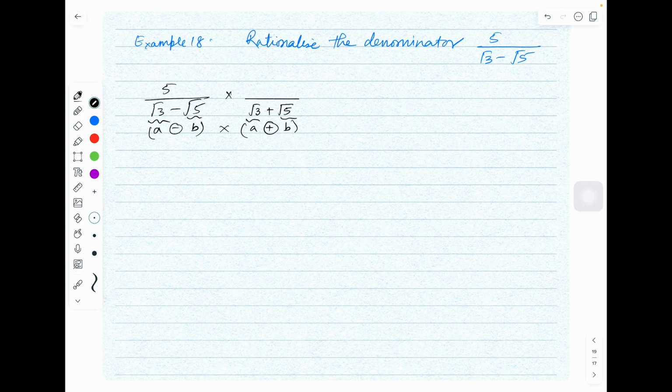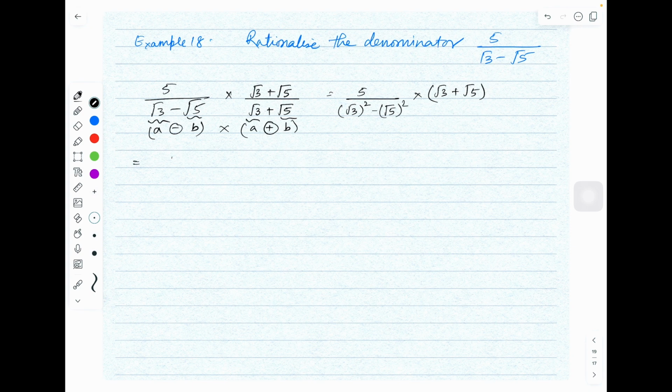Since we have written this at the bottom, we have to multiply it at the numerator also. So we multiplied. Now you can write 5 by a minus b into a plus b, which is a square minus b square. Instead of a you write root 3 square, and instead of b root 5 square, into root 3 plus root 5.